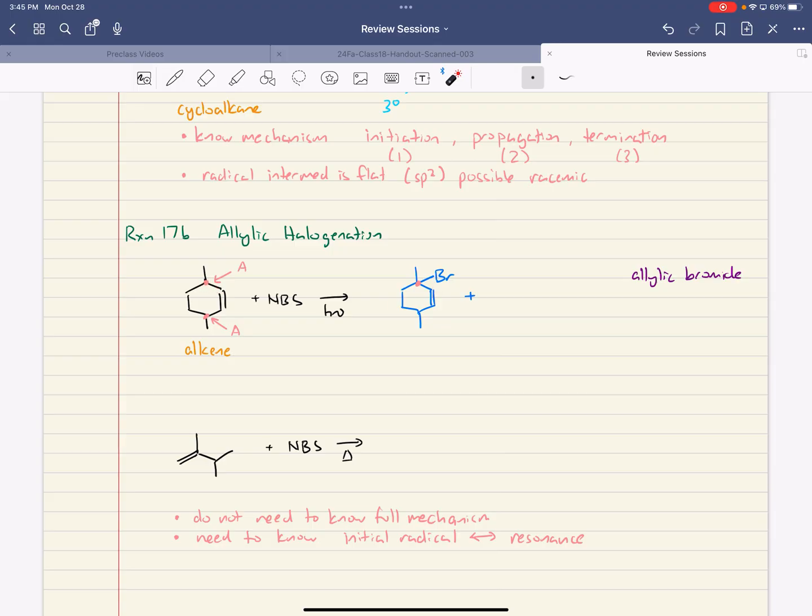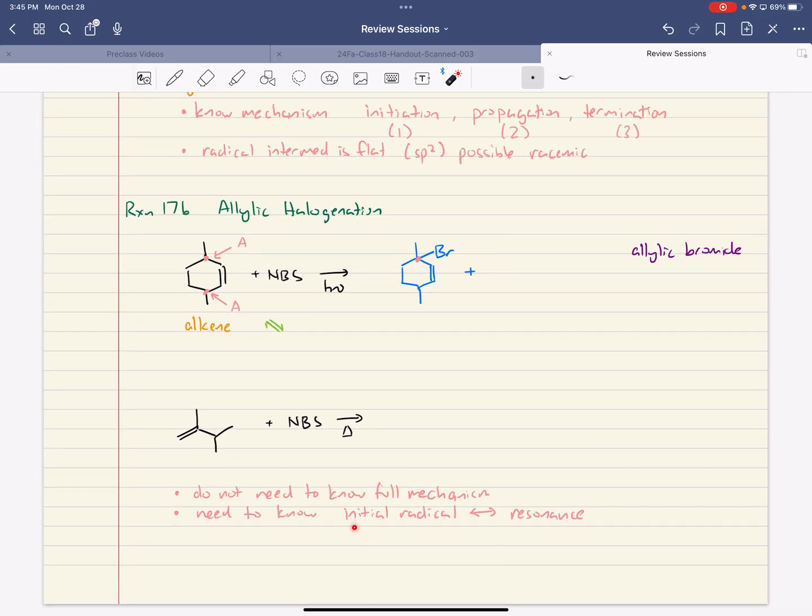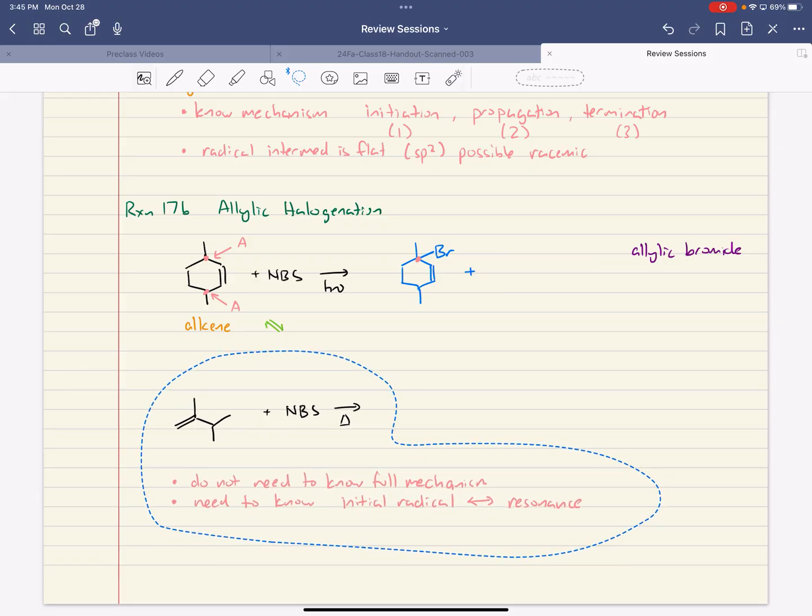If you're curious as to why, we could draw the intermediate. The intermediate is what we call, do you see how I wrote here, the initial radical.